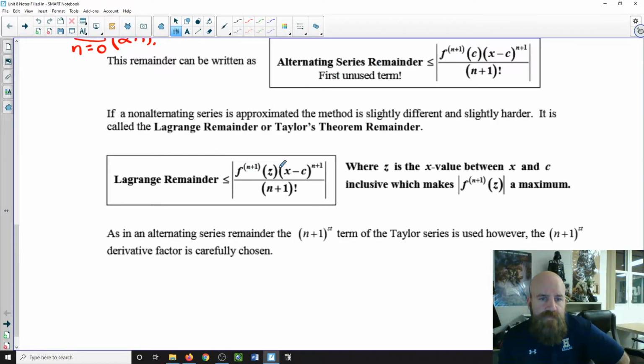This z value is a little different. It's an x value between the x value that you're evaluating and your center. You have to pick a value, and it could be between or on one of those, where your function would be at its maximum value. It'll make a little more sense once we see some examples.